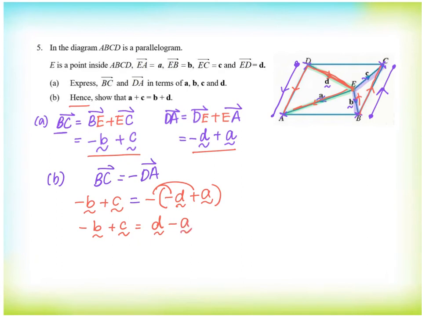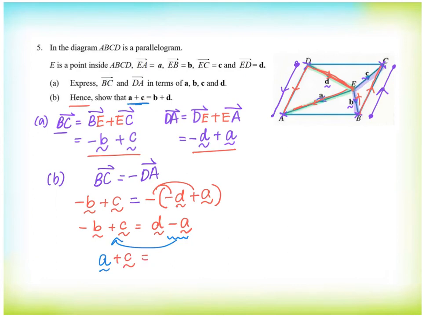Is this the format that they want? Oh no, they want this one over here, A plus C. How can I put A and C together? Well, I can shift this over to the left hand side. This is a minus A. If I shift over to the left hand side, I'll get a positive A. Plus C stays here.